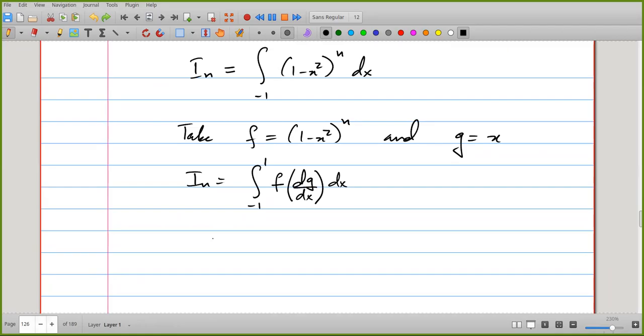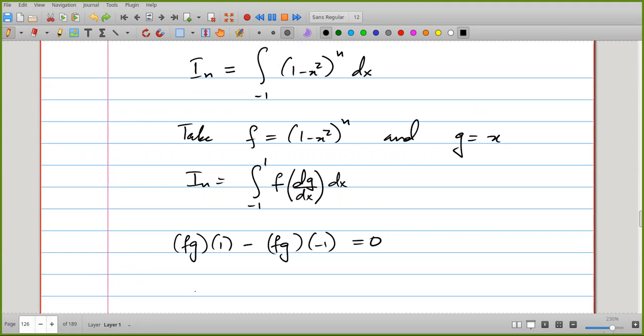Now, remember what was derivative transfer? We wanted f g at 1 minus f g at minus 1 to be equal to 0.